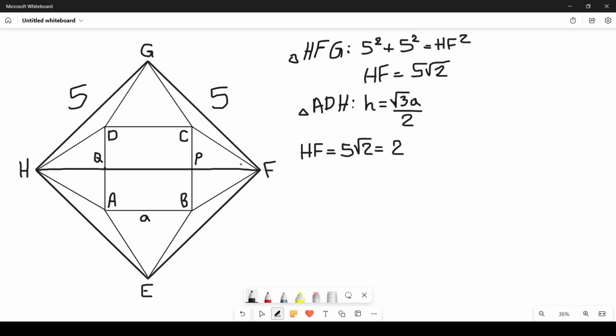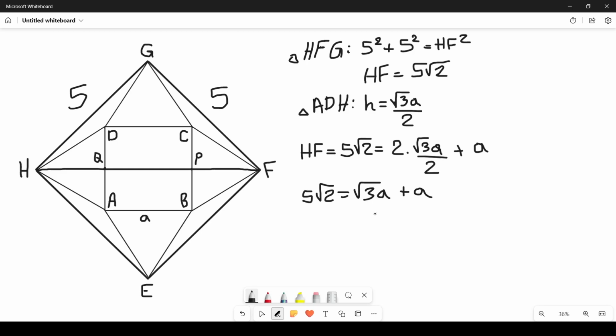HQ and PF are equal, so it's going to be just 2 times this side, which is square root of 3 times a over 2, plus the side length a. And from this expression we can say that 5 square root of 2 is equal to square root of 3 times a plus a.